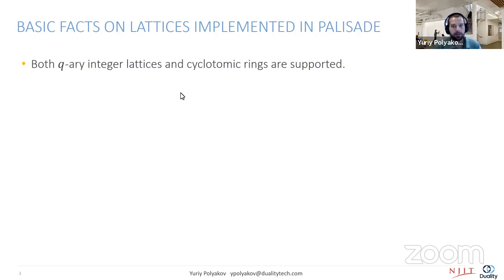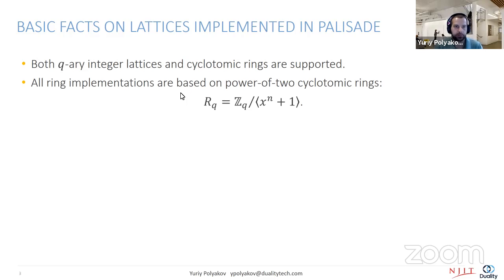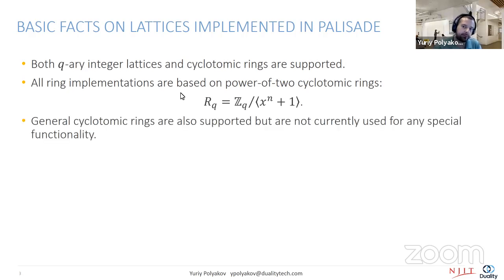We support cyclotomic rings, and we support integer lattices. Those are the two standard mathematical objects that we support from the lattice perspective. The ring implementations that are available in PALISADE are all based on power of two cyclotomic rings for various reasons of efficiency and adoption of this in the homomorphicencryption.org standard.